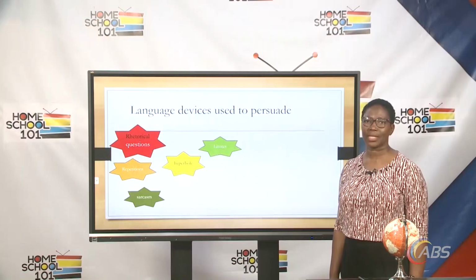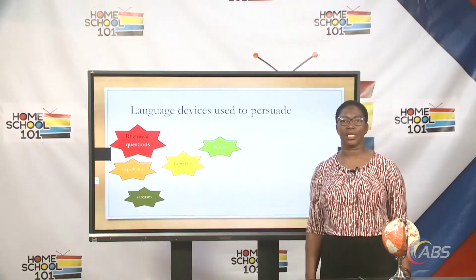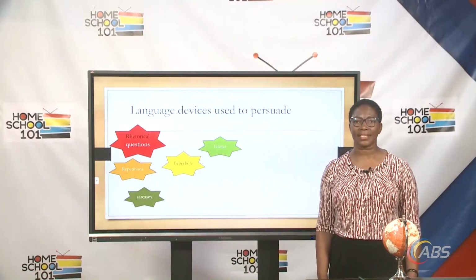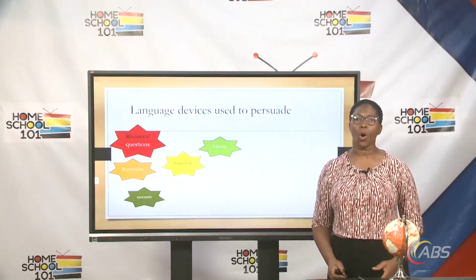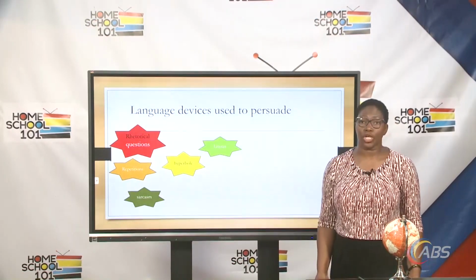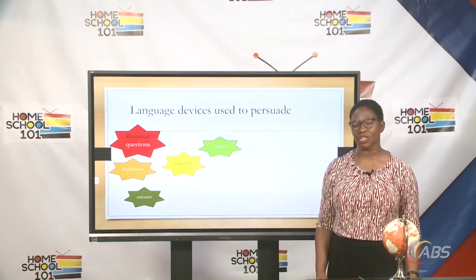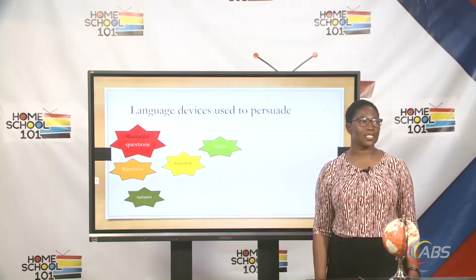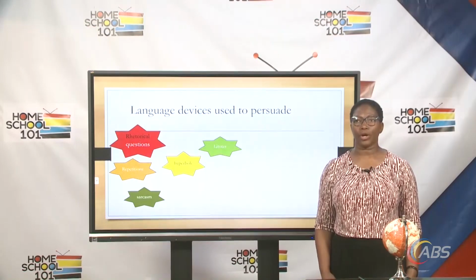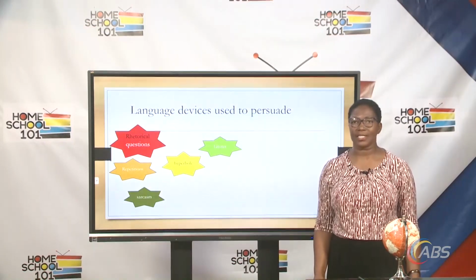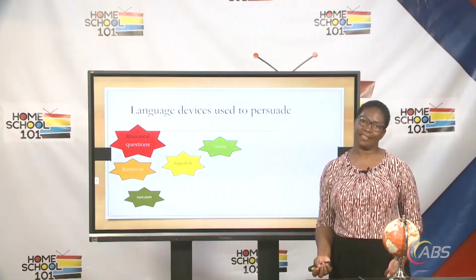Sarcasm. Sarcasm is usually intended to get the person or the institution that the sarcasm is directed at to appear foolish or insensitive. Let's say, for instance, your brother or a relative of yours has a bucket of chicken, right?